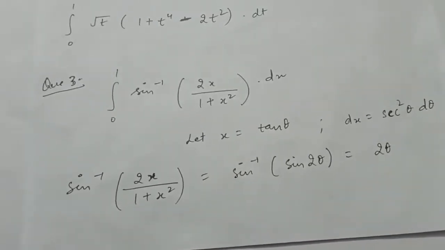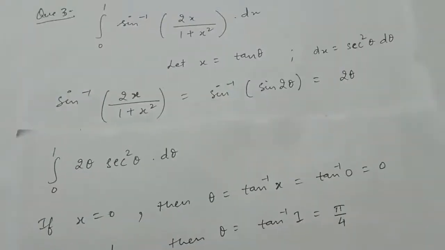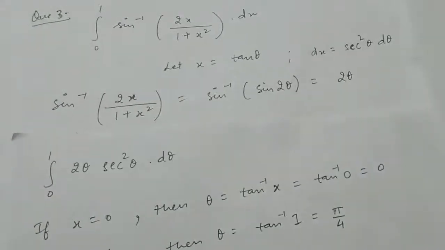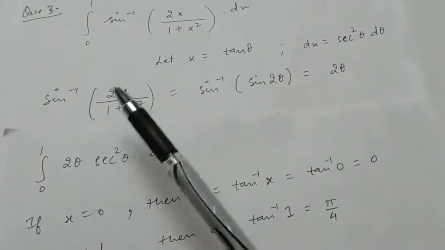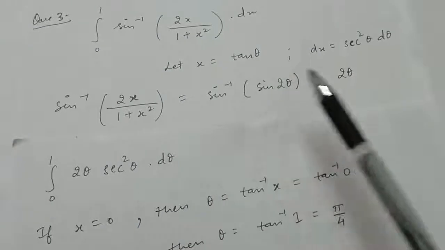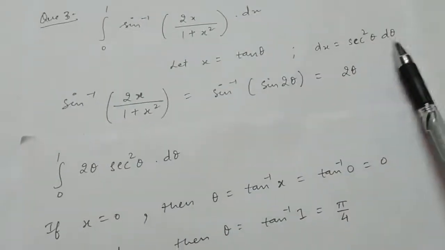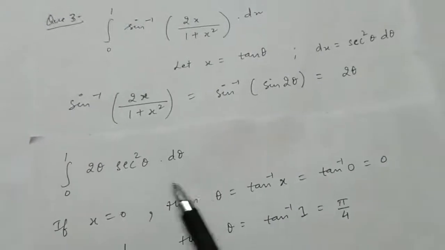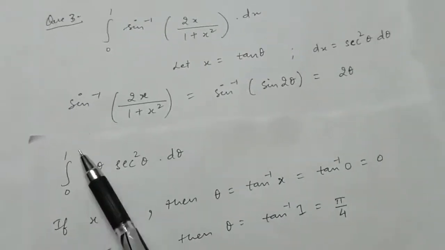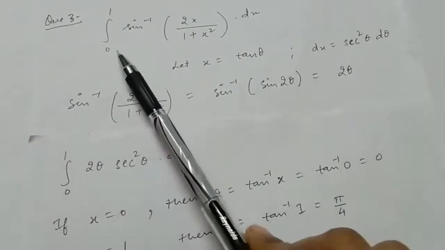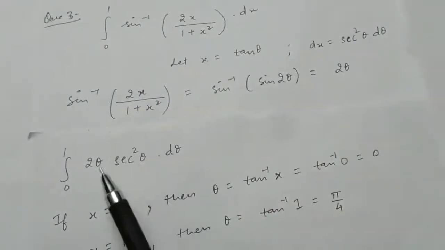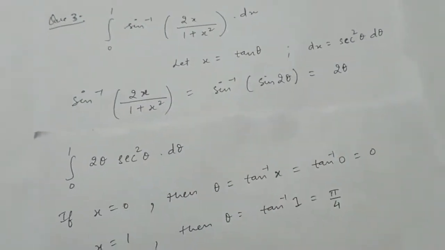Now do the substitution. So this integral will now become the integral of, in place of this, the complete 2 theta will come, and in place of dx, secant square theta into d theta, right? Also we have to change the limits, because these are the limits of x, but now the function is in theta, therefore change the limits.